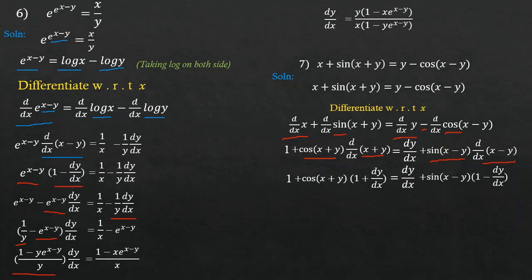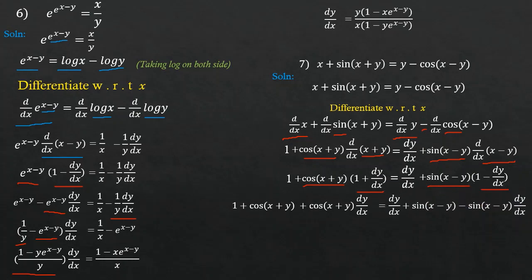So before shifting, you have to look carefully: this term we have to multiply inside the bracket. Similarly sin x minus y also we have to multiply inside the bracket. So that gives you 1 plus cos x plus y into dy by dx is equal to dy by dx plus sin x minus y minus sin x minus y into dy by dx. Now it becomes very easy.